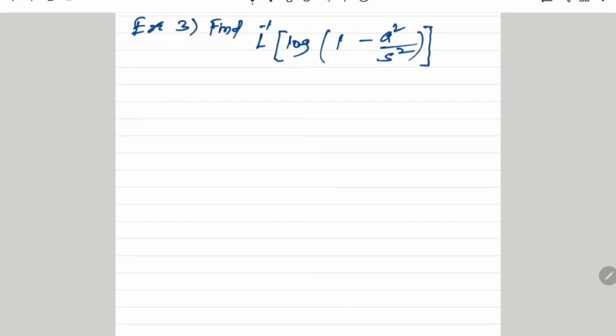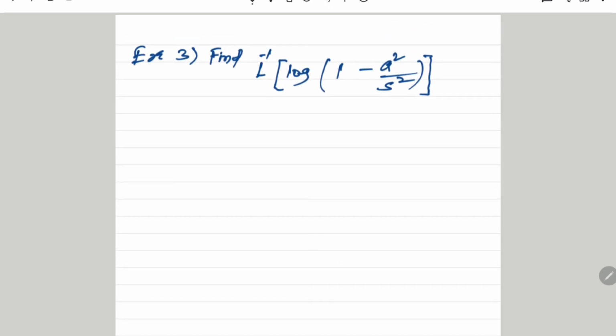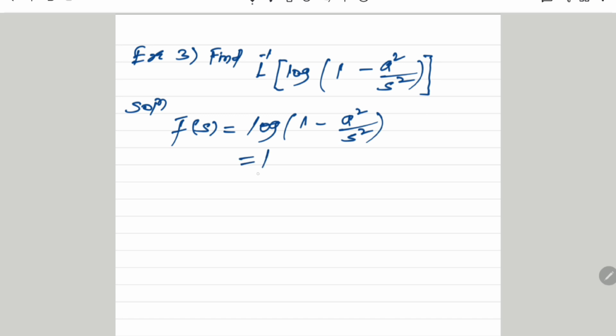Last example, find the inverse Laplace of log of 1 minus a square by s square. Therefore, to obtain this, let's consider the given f bar of s as log of 1 minus a square by s square, nothing but log of, cross multiplying, s square minus a square divided by s square.